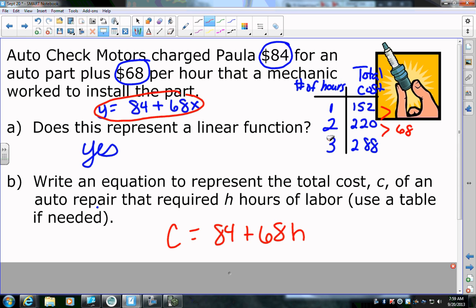On auto repair stuff, when you're talking about time, when you go to the auto repair shop, they'll bill you for 0.25 of an hour, 0.5 of an hour, depending on how long that labor took. Normally, they don't do 0.99999 of an hour, okay? But really, a lot of times you can have parts of an hour. So in this case, it would be continuous. If they really wanted to bill you for 0.999 of an hour, they could. It just depends on their billing system. You could have a discussion on this. It just depends on the place.